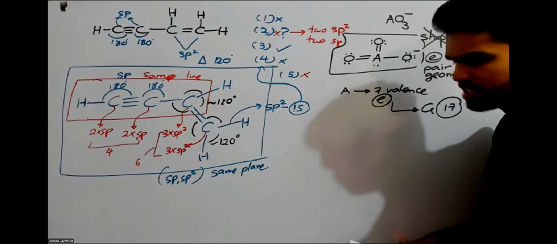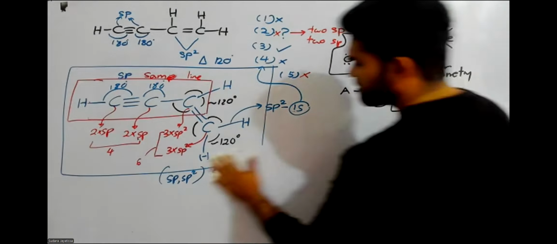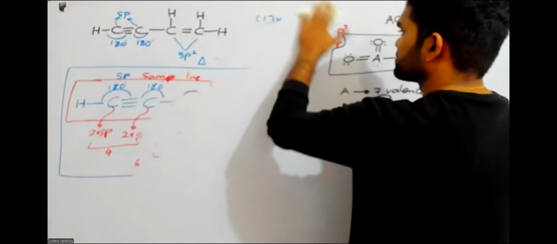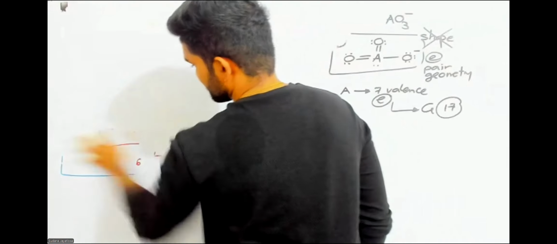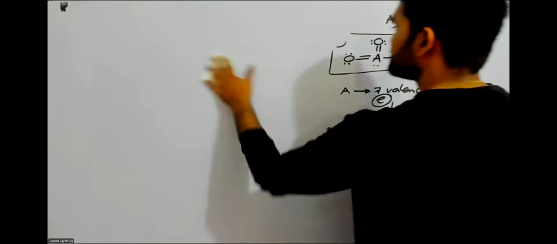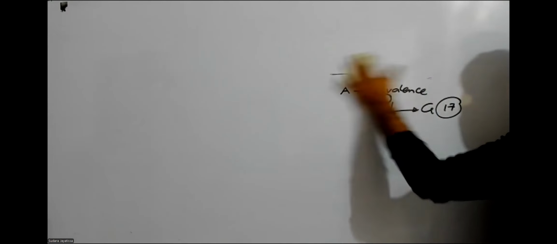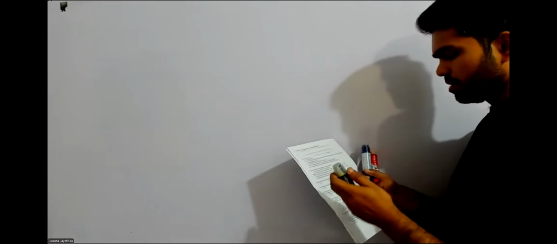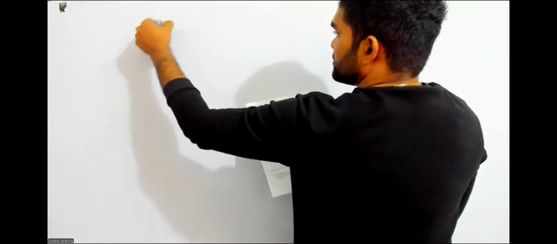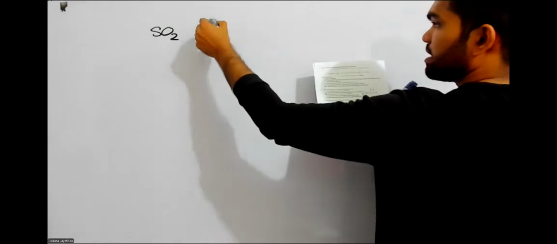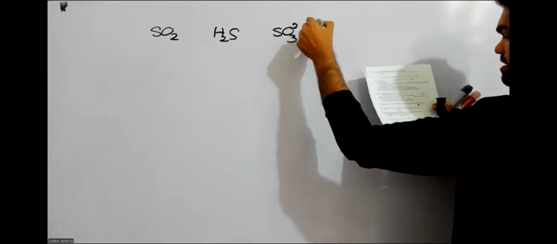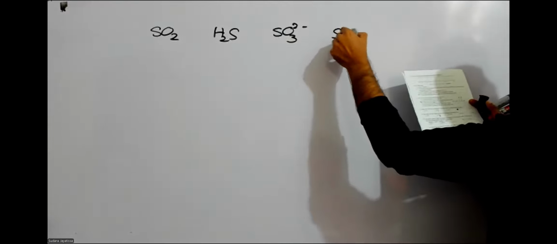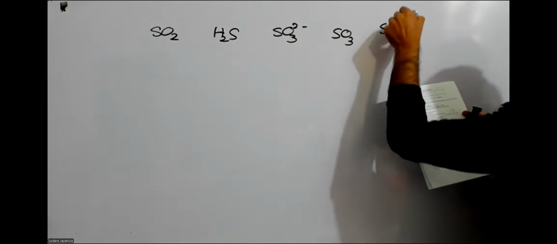Let's try to arrange them in ascending order. It will be valuable for you. So the molecules are SO2, H2S, SO3 2 minus, SO3 itself, and SO4 2 minus.